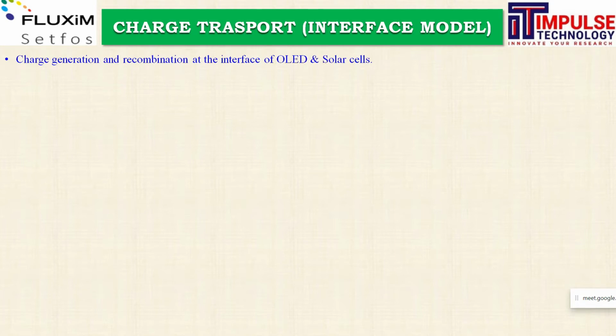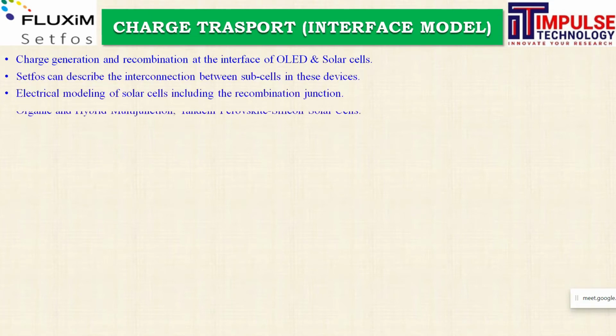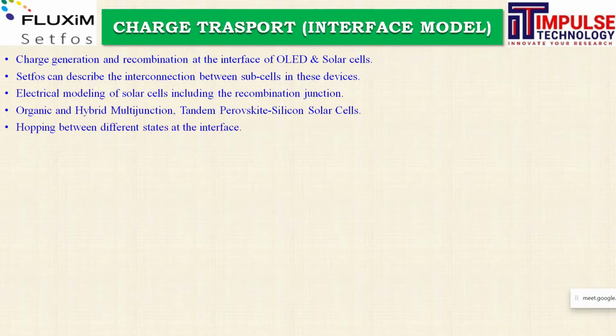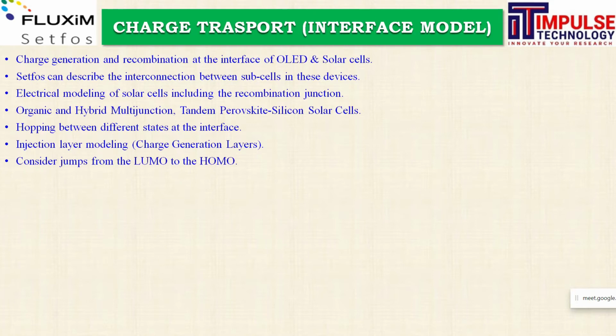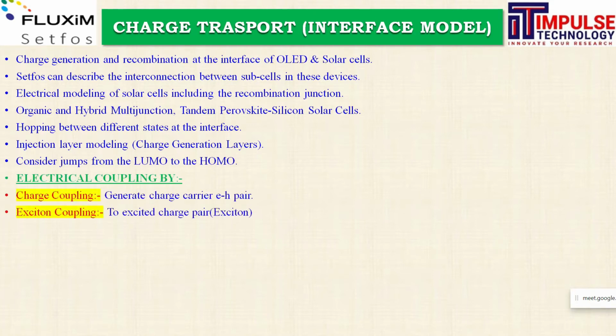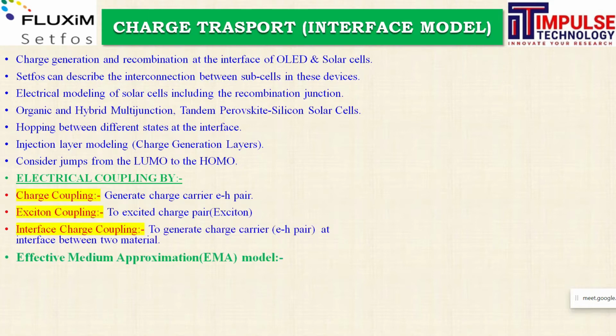achieve the highest efficiency. This software also contains the charge generation and recombination models of OLED and solar cell devices, interconnection between subcell models, electrical modeling of solar cells including the recombination junctions, organic hybrid multi-junction tandem perovskite silicon solar cells, hopping between the different states at the interface, injection layer modeling, charge generation layer modeling, HOMO-LUMO and charge coupling models to generate the electron hole pairs.